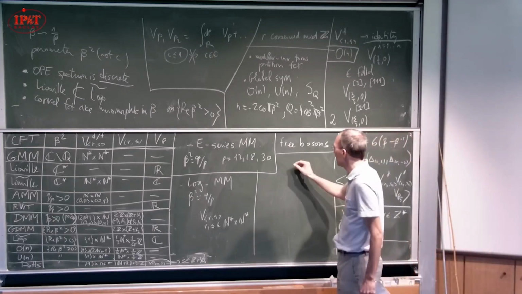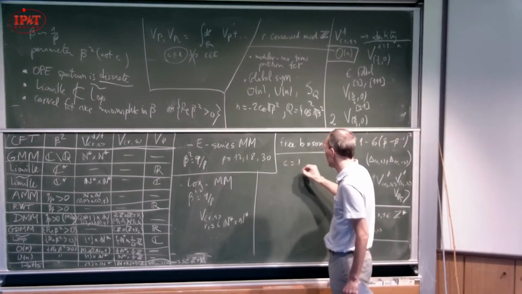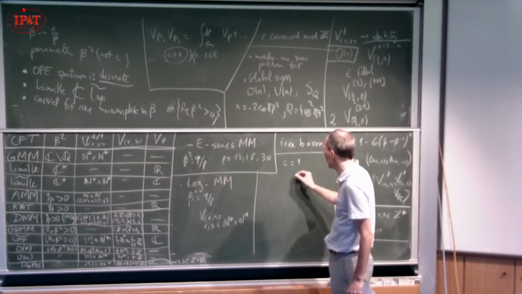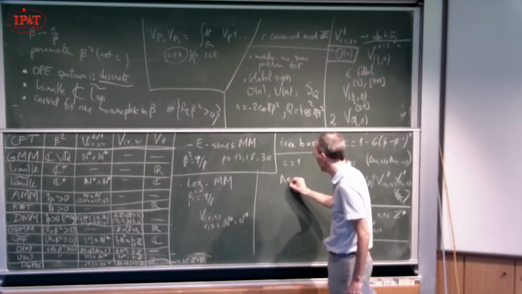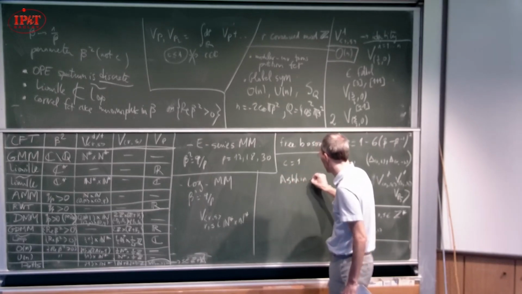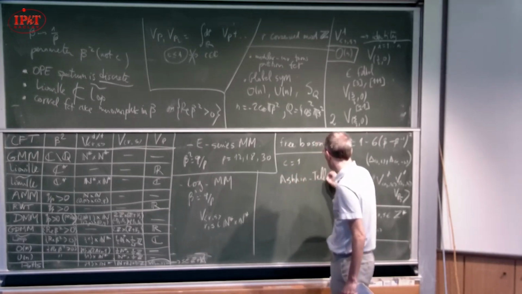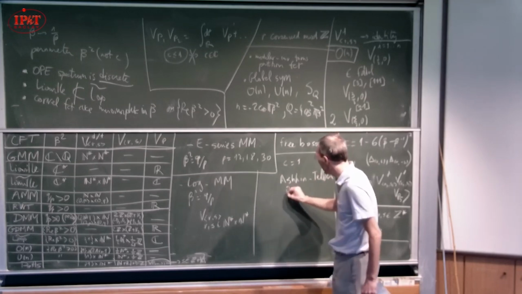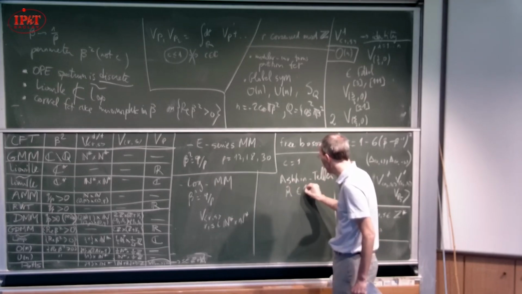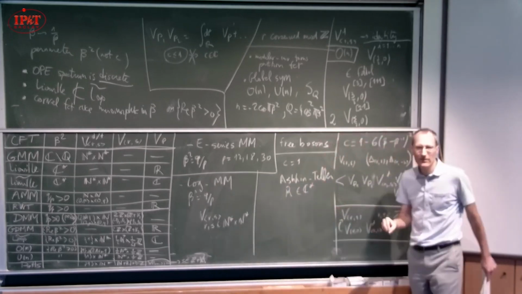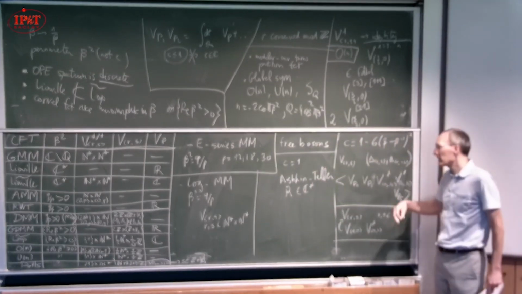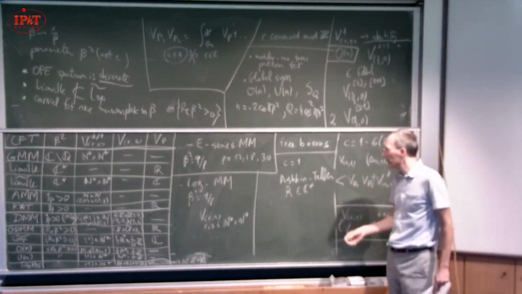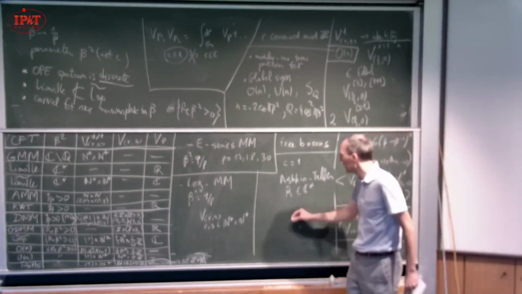So this can be done at c equals 1 in particular for the compactified free boson and also for the Ashkin-Teller model, which is the Z2 orbifold. So these models depend on R, some radius of compactification, which is any complex number. And in fact, you can also generalize compactified free bosons to general central charge.